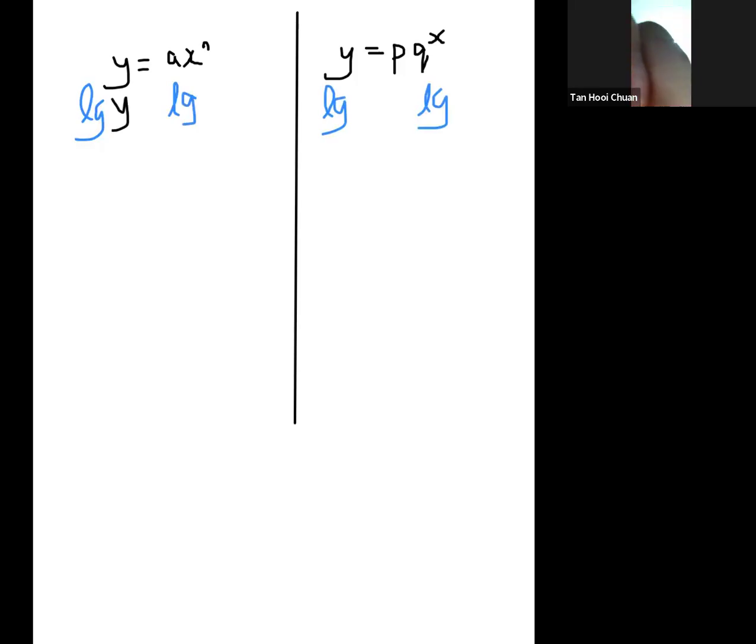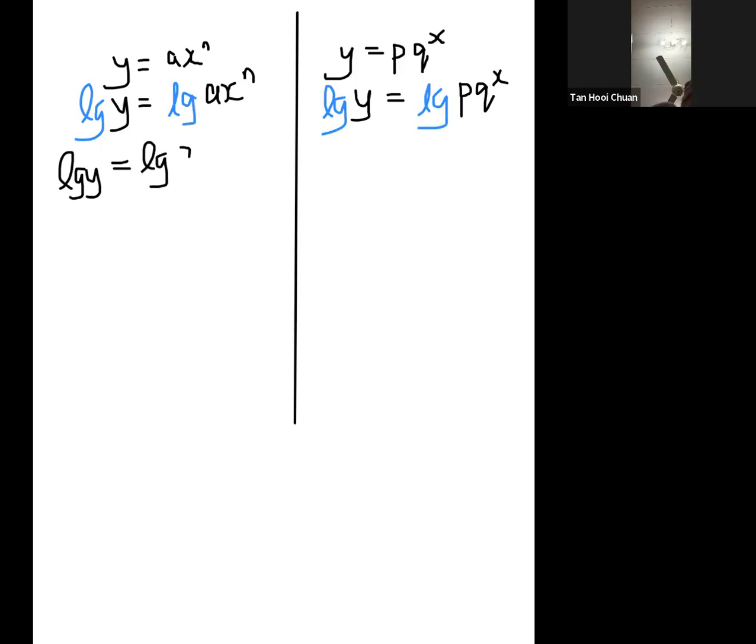Here is y equal to a x power n. Here is y equal to p q power x. So the next step should be LG y equal to LG a plus LG x power n. The n you bring in front, so I put the n LG x in front first. Then the LG a I put at the back.